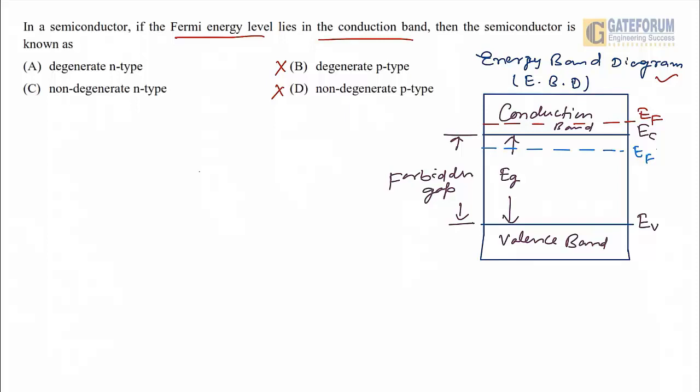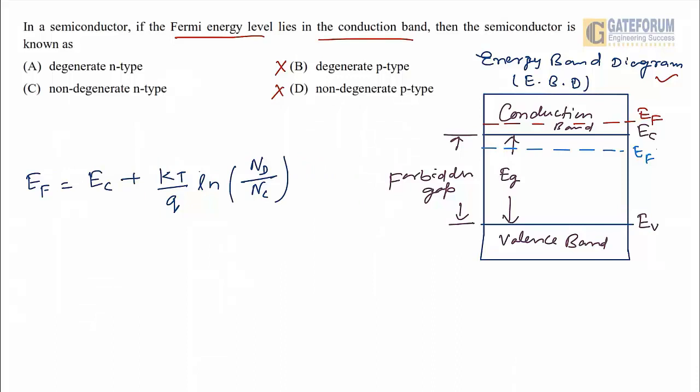As we know, the Fermi energy level for this N-type semiconductor is given by the expression EF is equal to EC plus KT by Q into ln of ND by NC, where NC is the effective density of states function in the conduction band and ND is called the doping of the semiconductor.